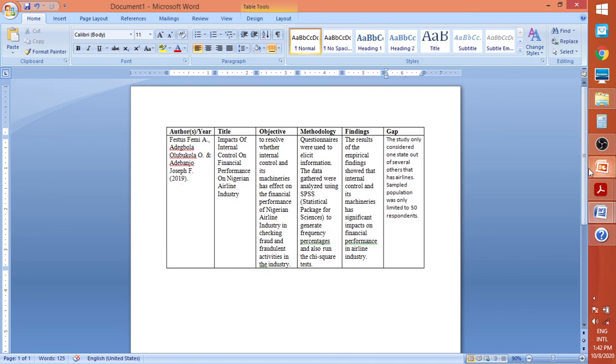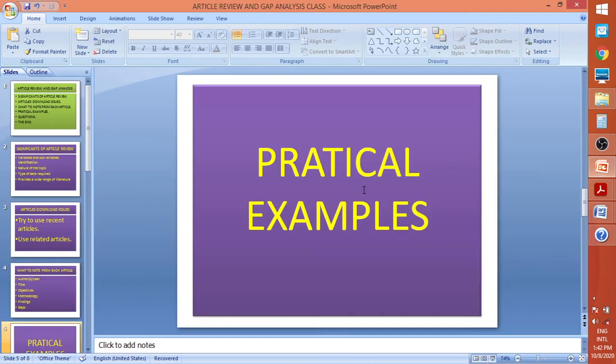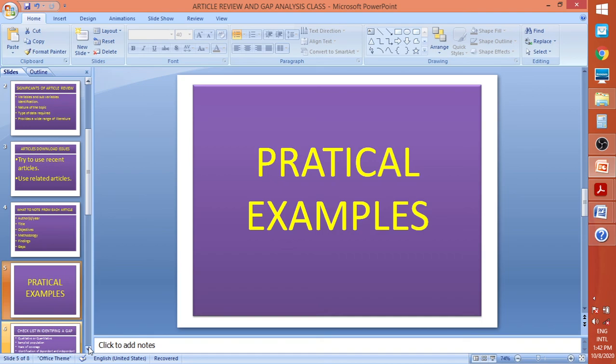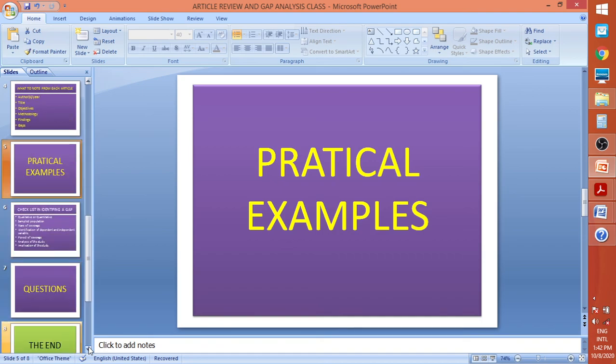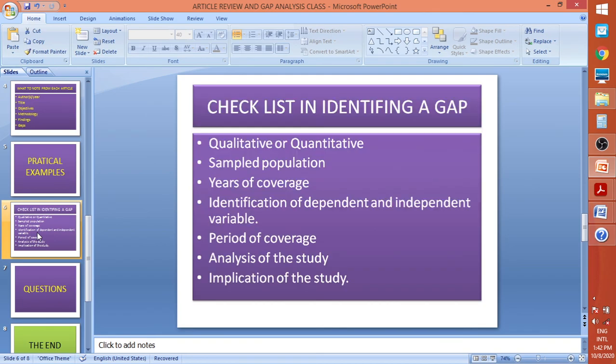But most of us are always having challenges when it comes to that gap. That's the very last one. So I made out a checklist of things you could actually go through, and from there you can get one or two things which you can use as your gap. So I tagged it a checklist in identifying a gap.